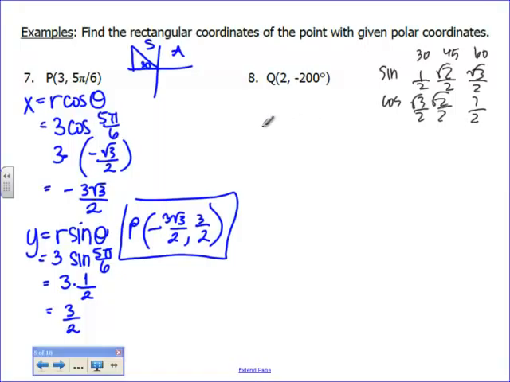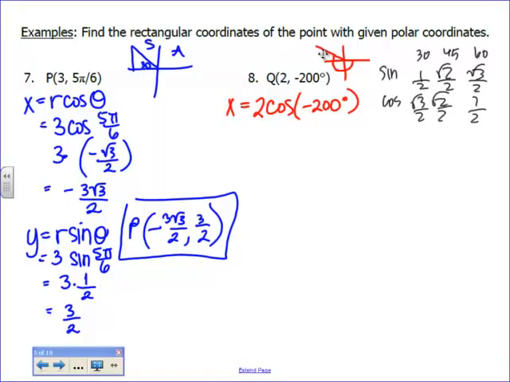Moving on to the next example, 2, negative 200 degrees. I'm going to go ahead and skip straight to the plugging in phase. My x is going to be 2 times the cosine of negative 200 degrees. Well, negative 200, if I think about where it would have opened down, is going to be negative 180 and an extra 20.